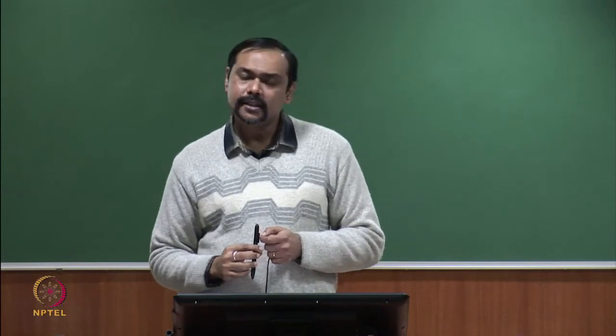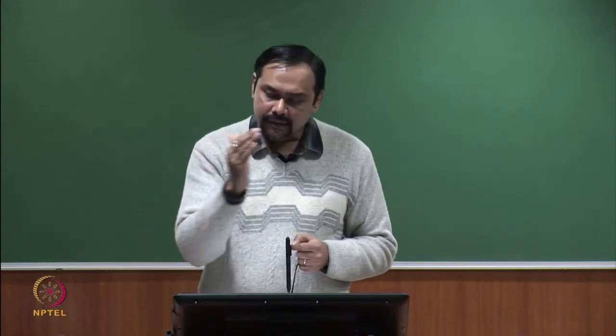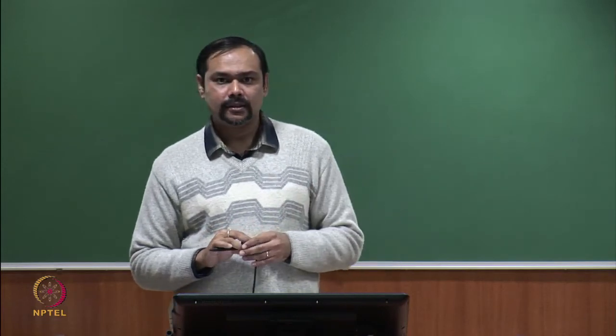Now, we are saying think of another reference frame, and this reference frame does not necessarily coincide with the alpha axis, and most importantly this reference frame is rotating. Okay. It is not stationary.